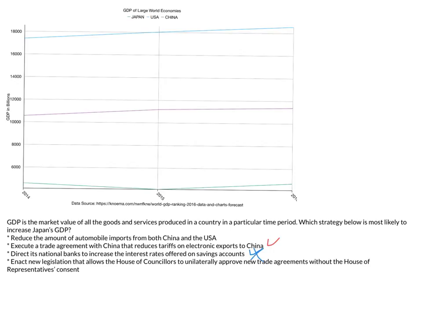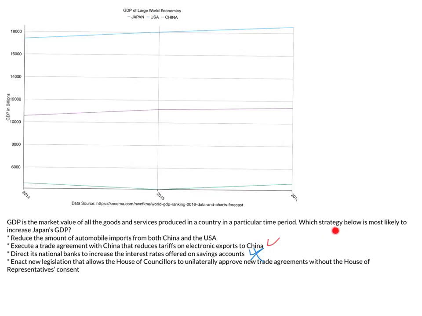So then that would bring us here to executing a trade agreement that reduces tariffs on electronic exports to China. China being the largest population in the world, having a huge economy. If they were able to get cheaper goods into China, that will be a way to increase the amount of goods that they produce.